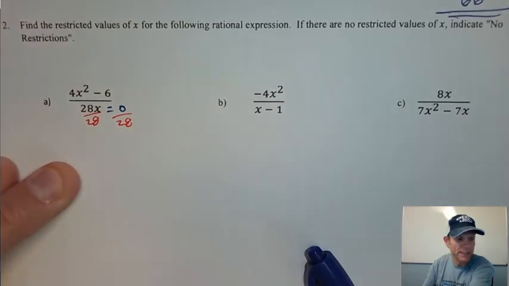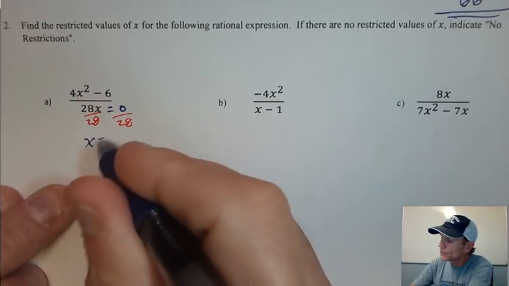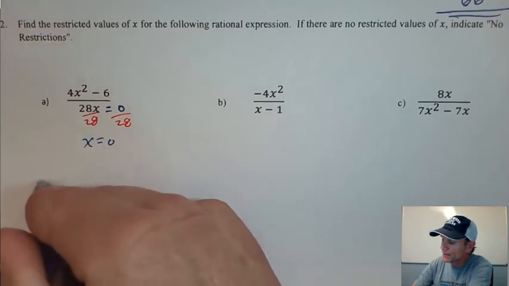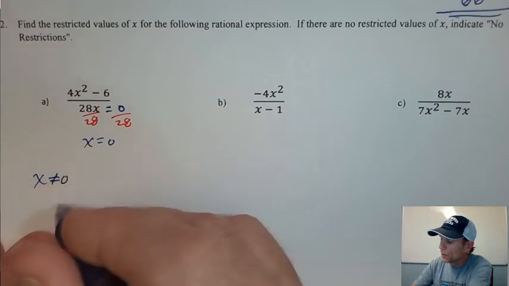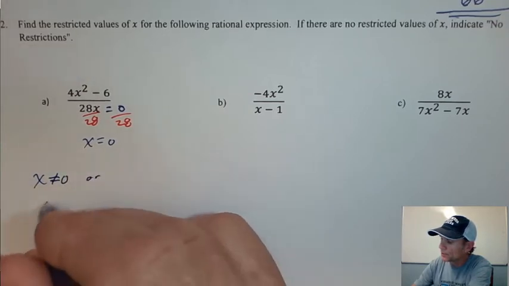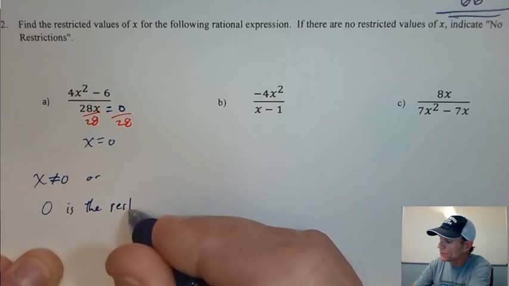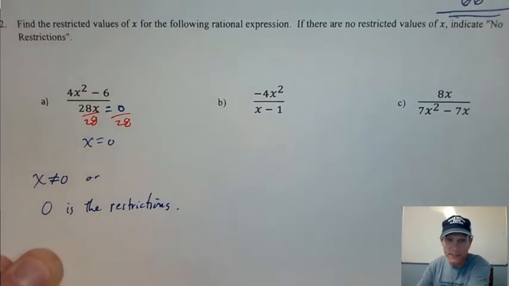If I divide by 28 here, I get x equals 0, and that tells me that that's the restriction. So we would say x cannot equal 0, or we would say 0 is the restriction. Because if we inserted that value for x, it would cause an undefined result, okay?